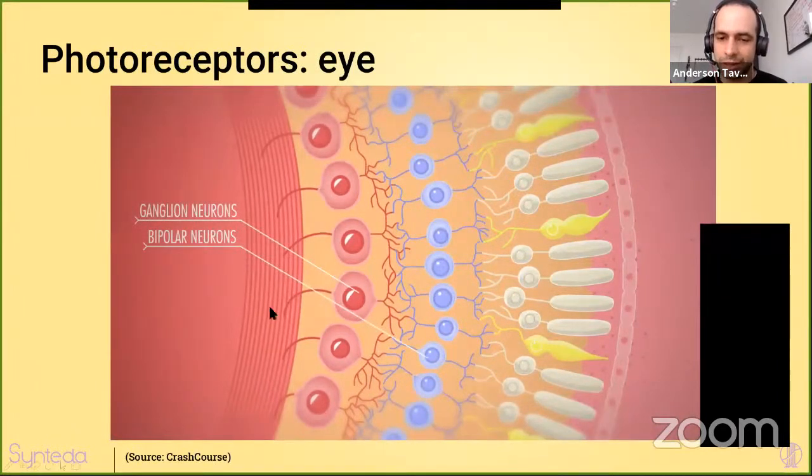We also have neurons that connect the cones and rods and make a path for the signal to go to the optical nerve, and then to the brain. One important neuron is the ganglion neuron, illustrated in red here.